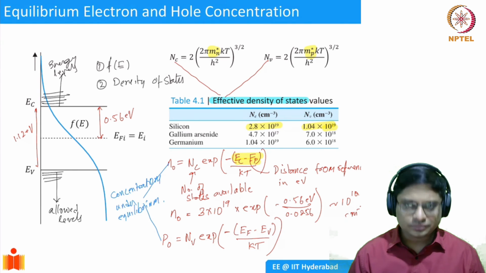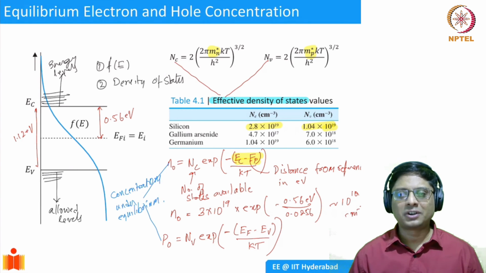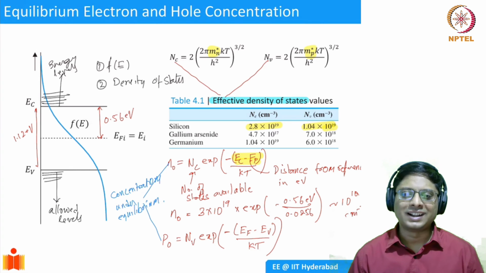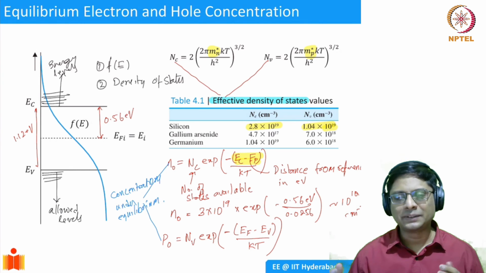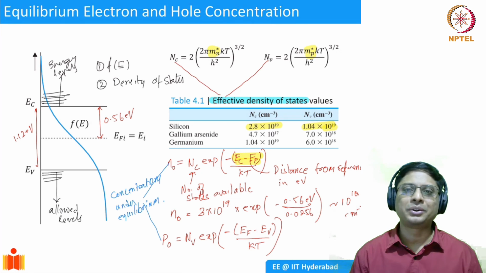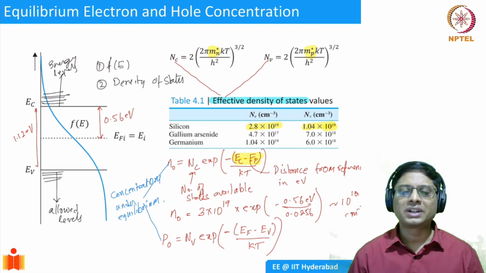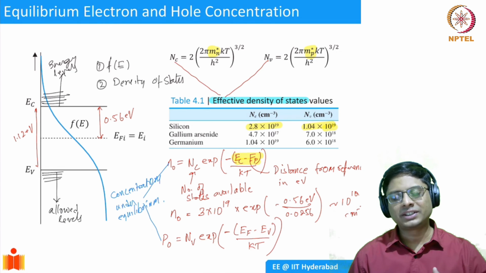All right. So, you might say that I pulled the formulas out of the hat. Well, I kind of did. But if I want to introduce the entire density of states formalism, it is going to take me 2 or 3 lectures, and I think that is not necessary at the introductory level. But at least you get the idea that the NC and NV are coming from the distribution of states in the EC and EV.